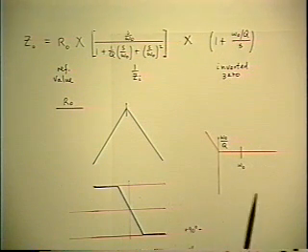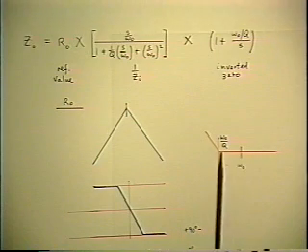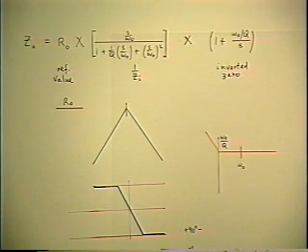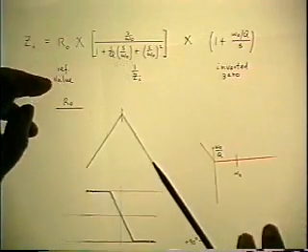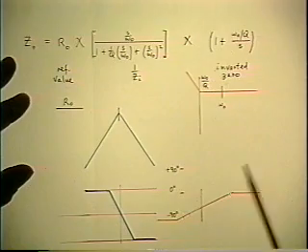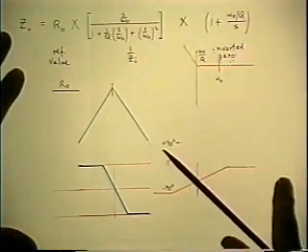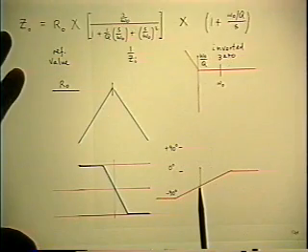I've already assumed that Q is bigger than 1 for this sketch, so this corner is lower than omega 0 for this case. And correspondingly, the phase graph is a plus 45 degree per decade slope centered on the value of the 0.